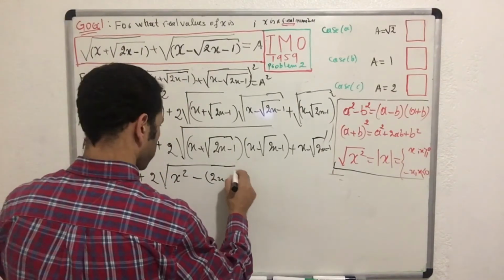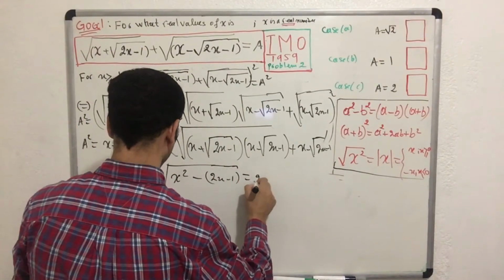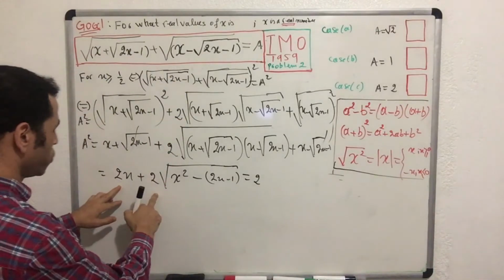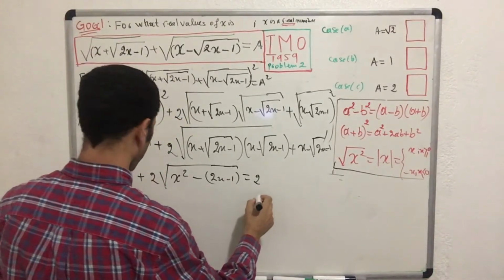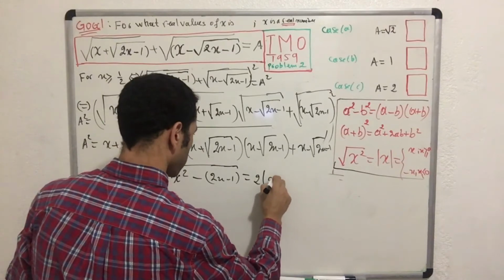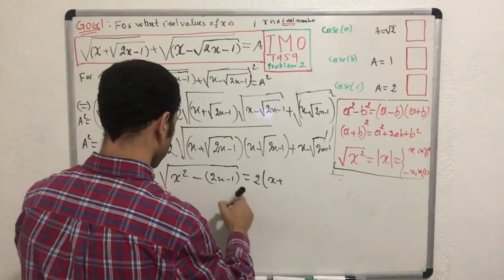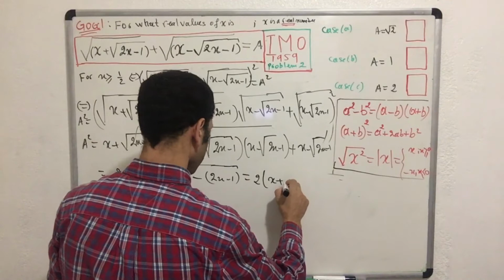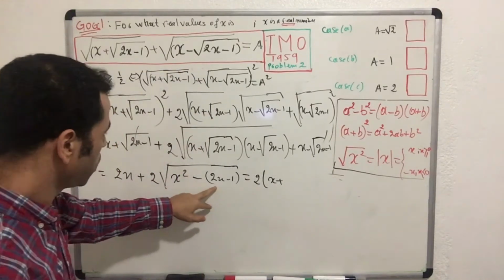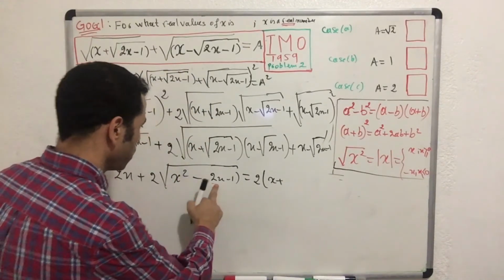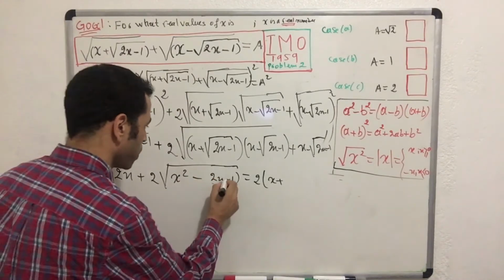So that means my equation becomes, let's put 2 outside as a multiplier. So 2 multiplied by x plus this one minus 2x, and minus 1 multiplied by minus 1 is plus 1.